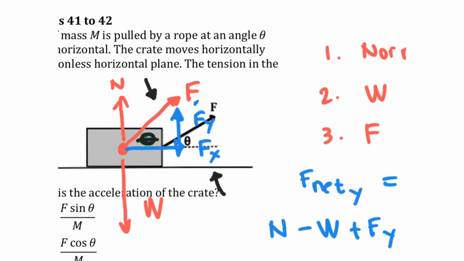We have this angle right here, and this is the y component of the tension, and we are given tension F. So this is the opposite side with respect to this angle. That's the opposite side. And this one right here is the hypotenuse. So we have the opposite side and the hypotenuse.